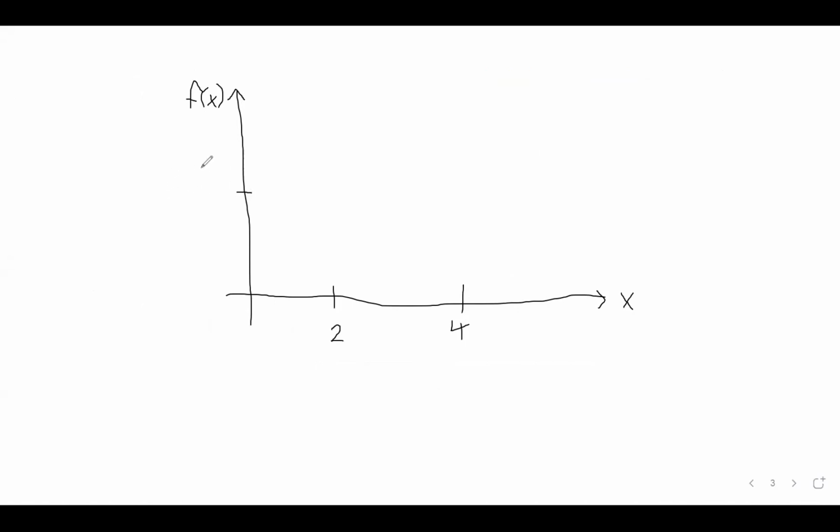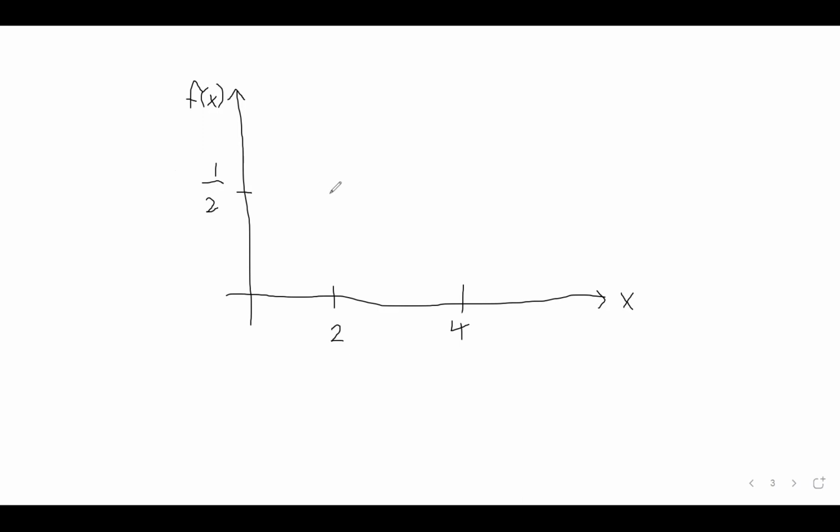Okay, so we have values of little x and we have values of the f of x function. And so we're defining it to be, if little x is between 2 and 4, the value of our PDF is 1/2, and then 0 elsewhere.